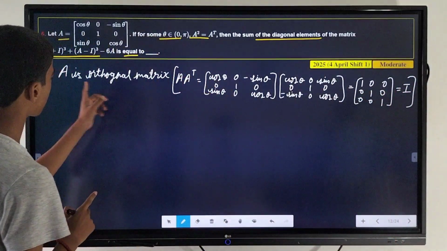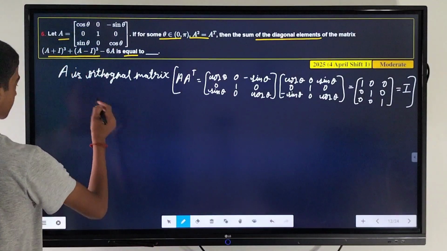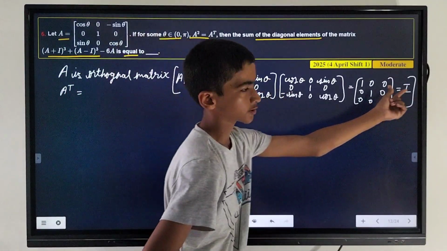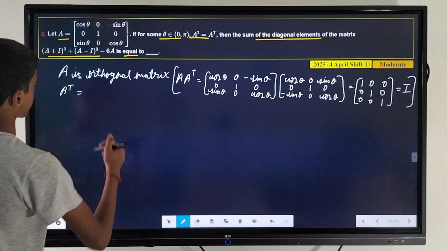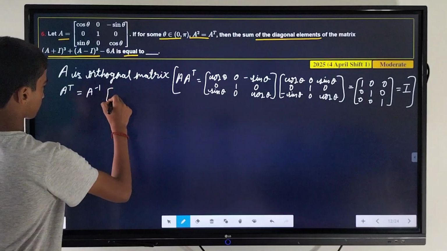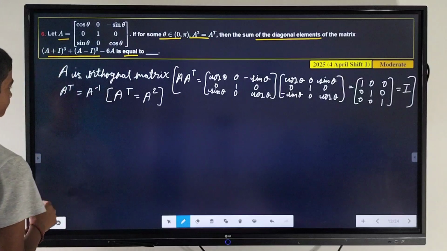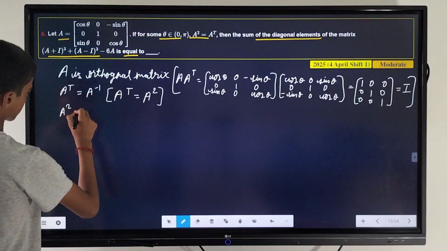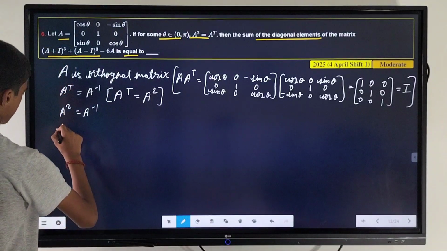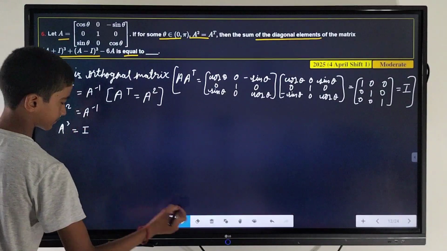So our A is an orthogonal matrix, and so from here A transpose is equal to A inverse. Now our A transpose is equal to A square as given in the question. So we will get A square is equal to A inverse. This will be A cube is equal to I, identity matrix.